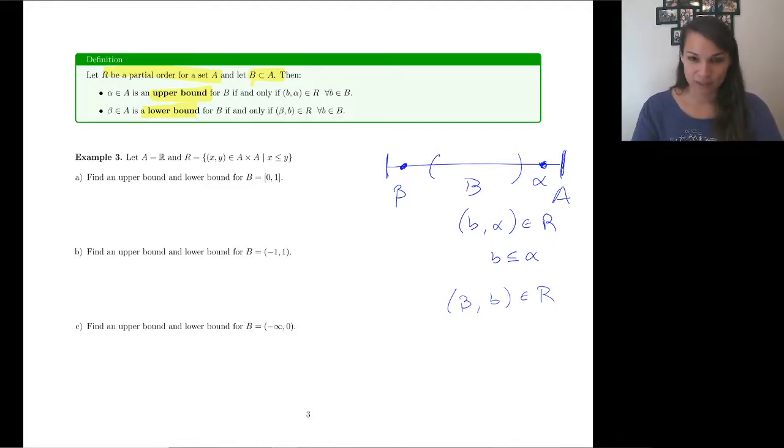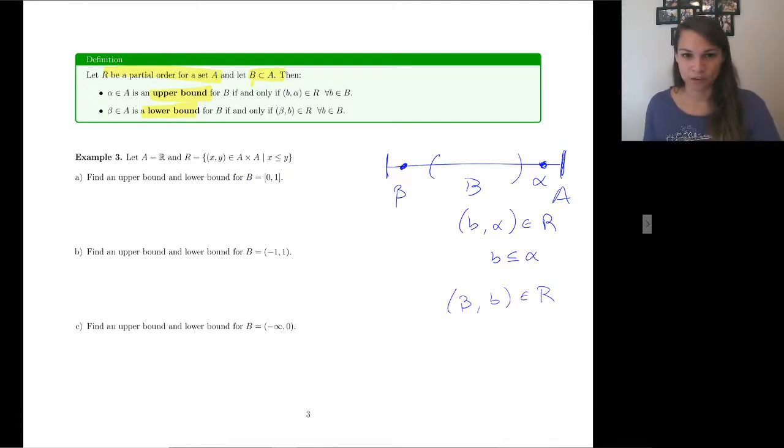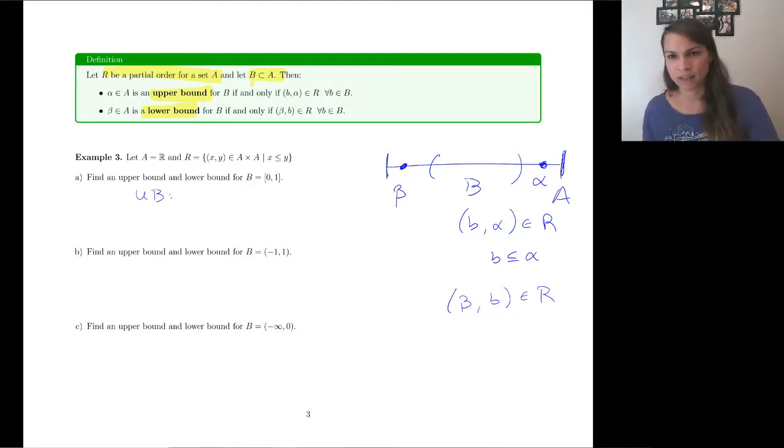Let's take this for a spin using the best partial order that's out there, the less than or equal to. We want to find upper bounds and lower bounds for this first set, 0 to 1, and it's just sitting inside A, which is all the real numbers. So for an upper bound, all we have to do is find things that are bigger.